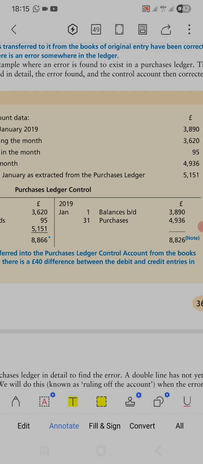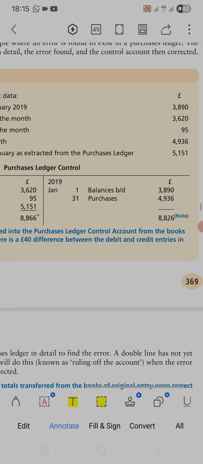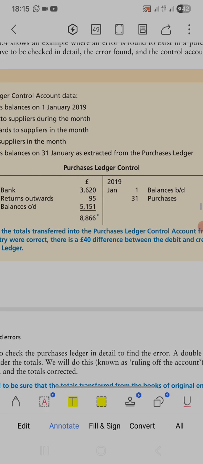We can also have interest on overdue account. Let us say we have delayed paying up the account. The supplier may charge us interest on our account, so that interest on the overdue account is going to be shown on the credit side of the purchase ledger control account.